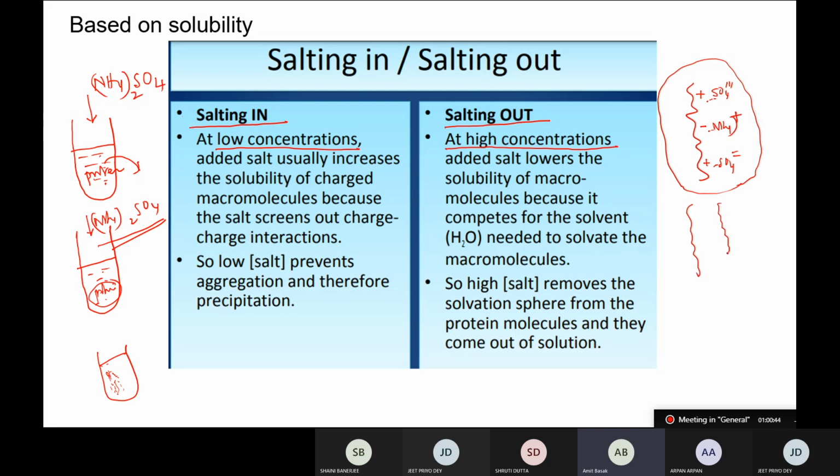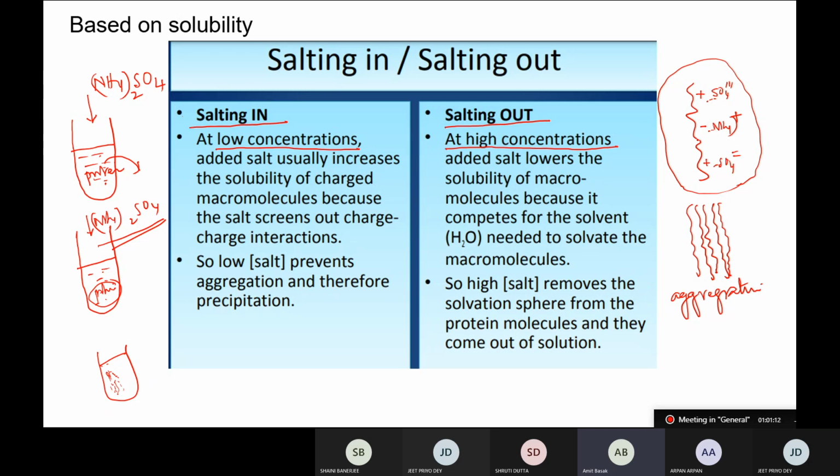And that prevents two protein molecules from coming together. How does a protein, or any molecule, precipitate out from solution? Precipitation is nothing but aggregation. Molecules come together, form an aggregate, and then finally come out of the solution. So when you have a low concentration of the salt, what will happen?